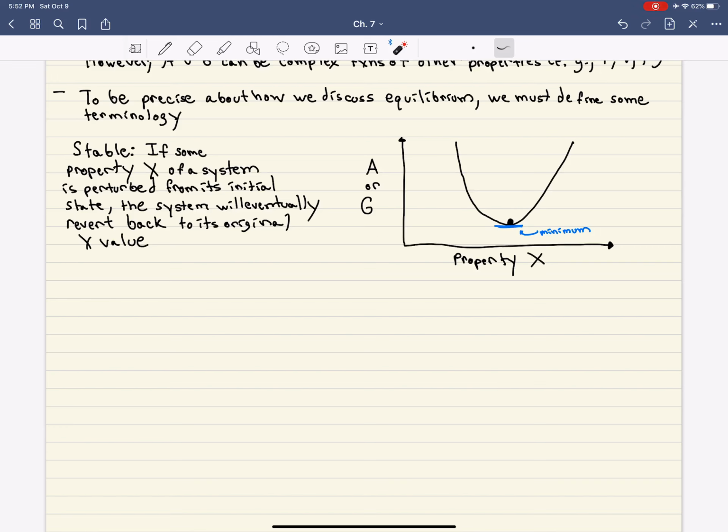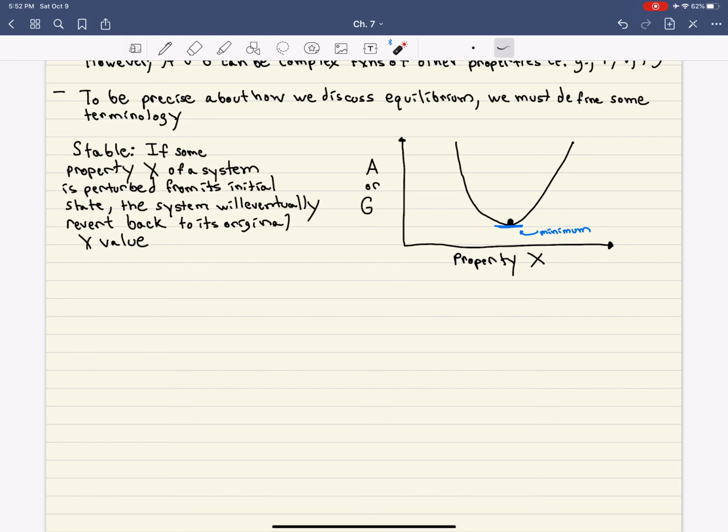And so when I say the system is perturbed, you do something to move this little ball left or right, but then once you remove that driving force and let the system act like it was before, that ball will just go back to the minimum.